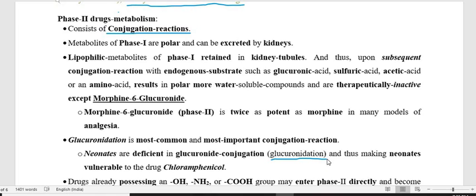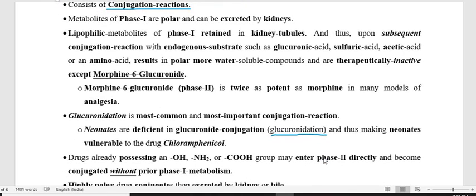This enzyme of the glucuronidation reaction of phase 2 metabolism is not present in the cytosol, rather it is present where the phase 1 metabolizing enzyme resides, that is in the endoplasmic reticulum. So this is very important.